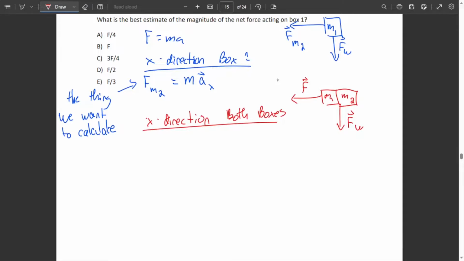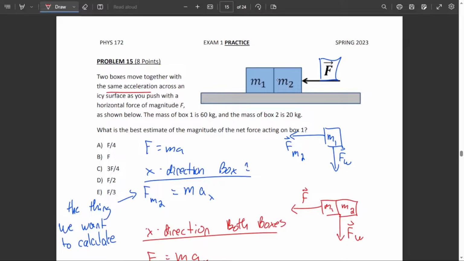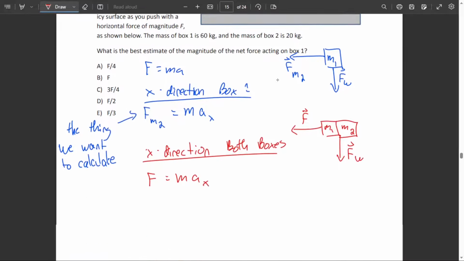So, if we do the same equation, force equals mass times acceleration. So, our force is going to equal our mass times acceleration, and this acceleration is also in the x direction. And then, if you remember, we are explicitly told that both boxes have the same acceleration. So this ax must equal this ax.